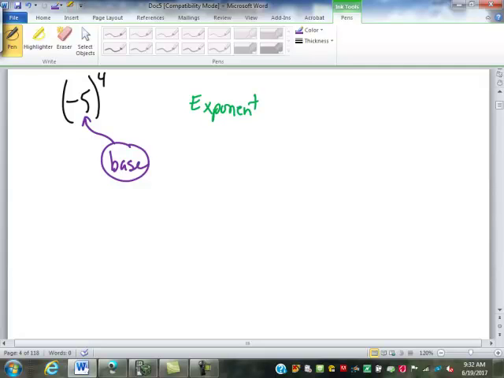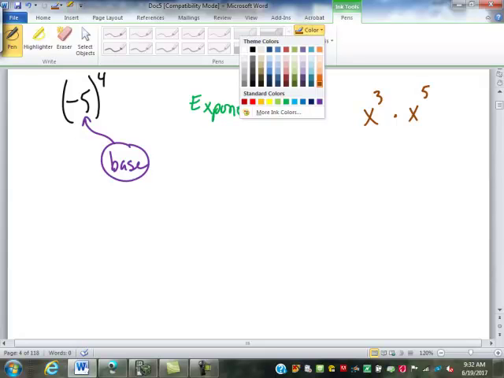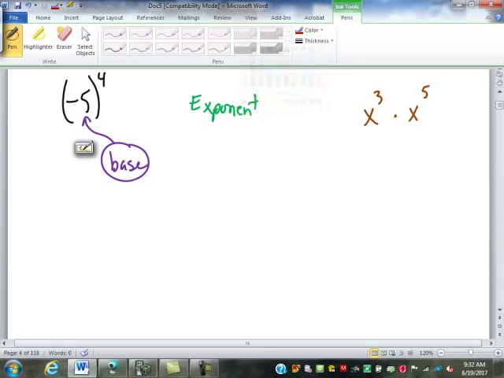And there are a lot of cases as we start going through here where we have to look at these and we have to have the same base on our exponent. In fact, we've already looked a little bit at stuff like x to the third times x to the fifth. And what did we get for a result there? X to the 8th.